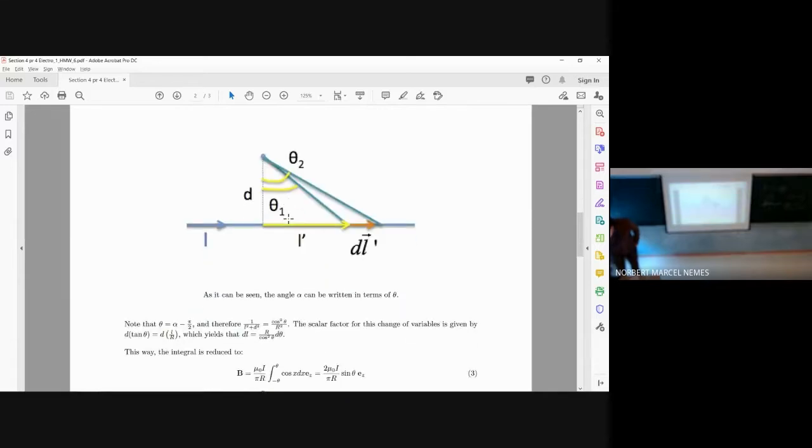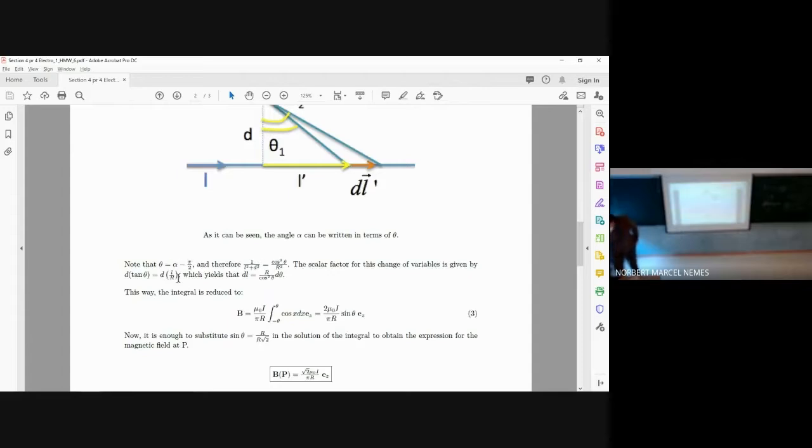He replaces this alpha angle, which would be here in this corner, with this other angle, which is up near the observation point. So he goes from the alpha angle, at the current, to the theta angle, at the observation point. And the relation is simply the sine of alpha is the cosine of theta due to geometry.